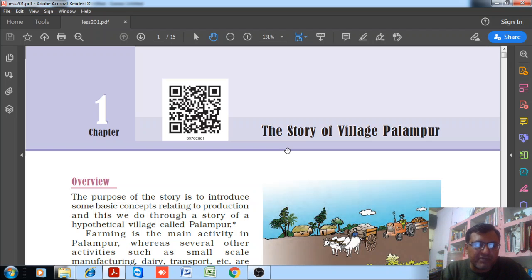So in this chapter we are going to study those aspects and factors of production in any kind of economic activities. As you know, the name of the village is Palampur, but actually I tell you, this village really does not exist anywhere in India. This is a hypothetical village.